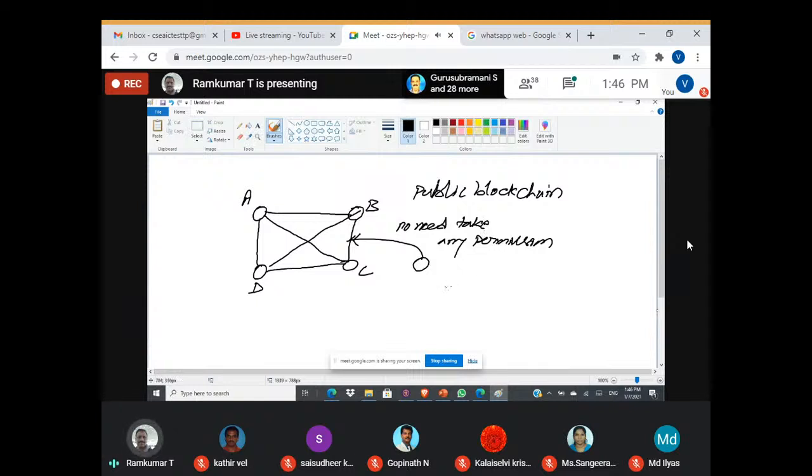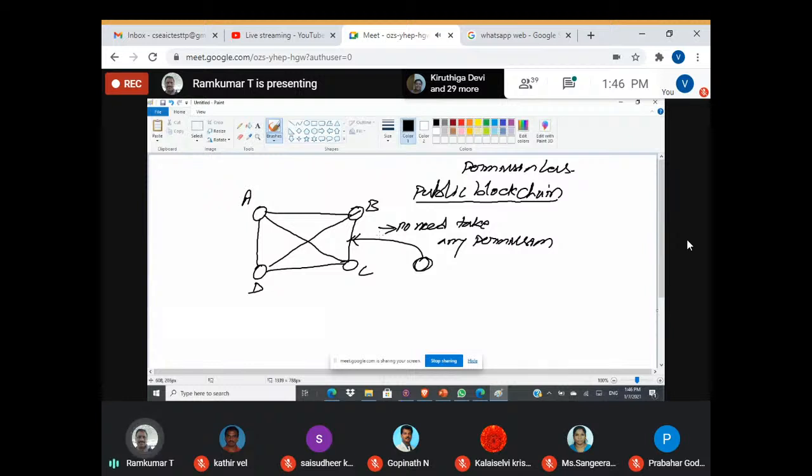Ethereum is an example of a public blockchain network, right? Bitcoin is a public blockchain network. These are all public blockchain networks. Because of that reason it is called permissionless, which means that whenever you want to add a node into a blockchain network, no need to take any permission from anyone.